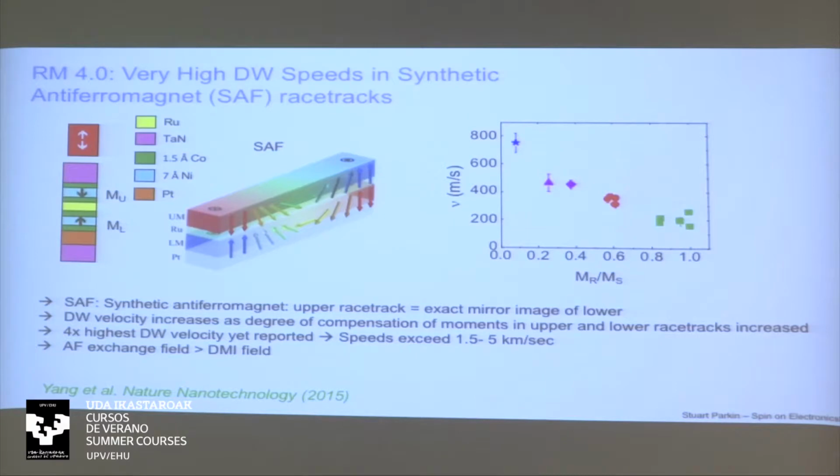And this exchange field through ruthenium, which is antiferromagnetic, is extremely strong, much higher than the Dzyaloshinskii-Moriya exchange. And this exchange field itself gives rise to a giant torque that then will move these domain walls much more efficiently. And then what we see is that if we completely balance these moments, we see these giant velocities, which are a record. Nobody's seen these velocities before, exceeding a kilometer per second. And this is what makes this very, very interesting.